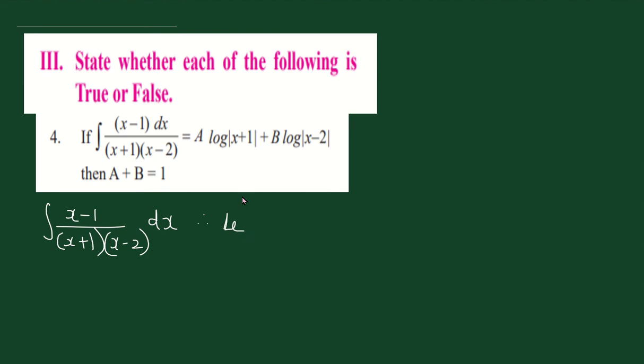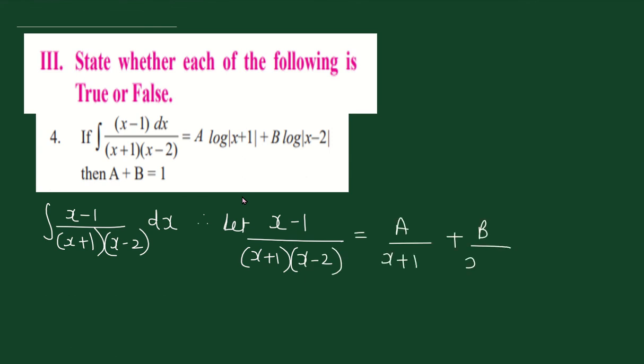So we say let the whole term be, as usual, a upon x plus 1 plus b upon x minus 2. Therefore, we cross multiply. So we get x minus 1 is equal to a into, the numerators are multiplied with the term in the denominator on the LHS as usual.